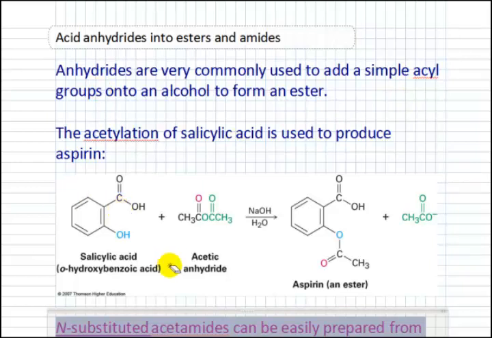So if we have salicylic acid, for instance, this is how aspirin is made commercially. Here's salicylic acid. It has an OH group right there. That's our nucleophile. We react it with acetic anhydride. The OC double bond OCH3 is our leaving group.